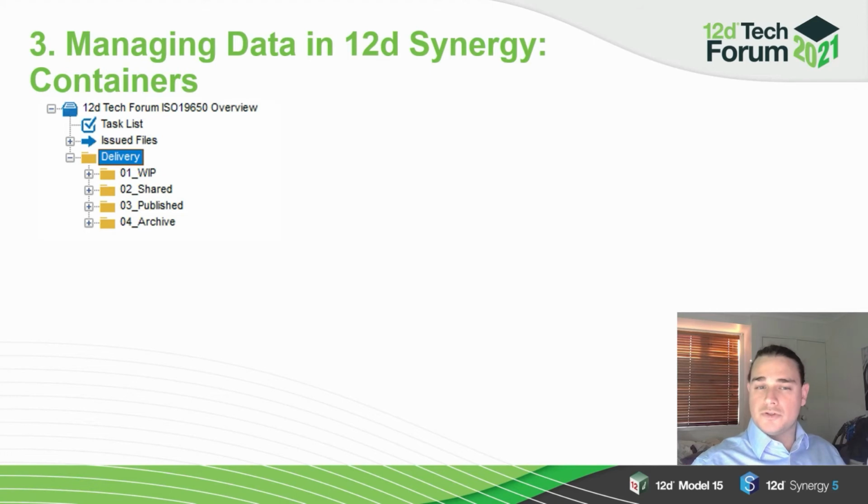Now to move into a 12D Synergy context, to visualize this in a folder representation or a folder hierarchy, we can see on the screen an example of the information related to a project broken down into these containers.